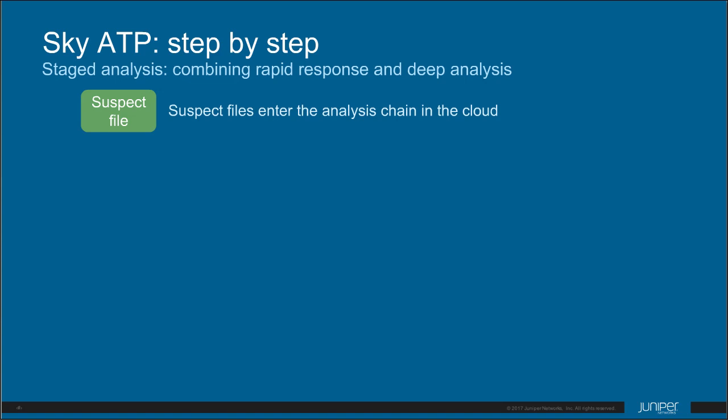So basically we are going to combine rapid response, so this information that we know from the very beginning, with also very deep analysis that can take a bit more time. And this to offer a very complete solution that takes 4 steps. So let's assume we start with a suspect file. So we have a file which a user in our network is trying to download.